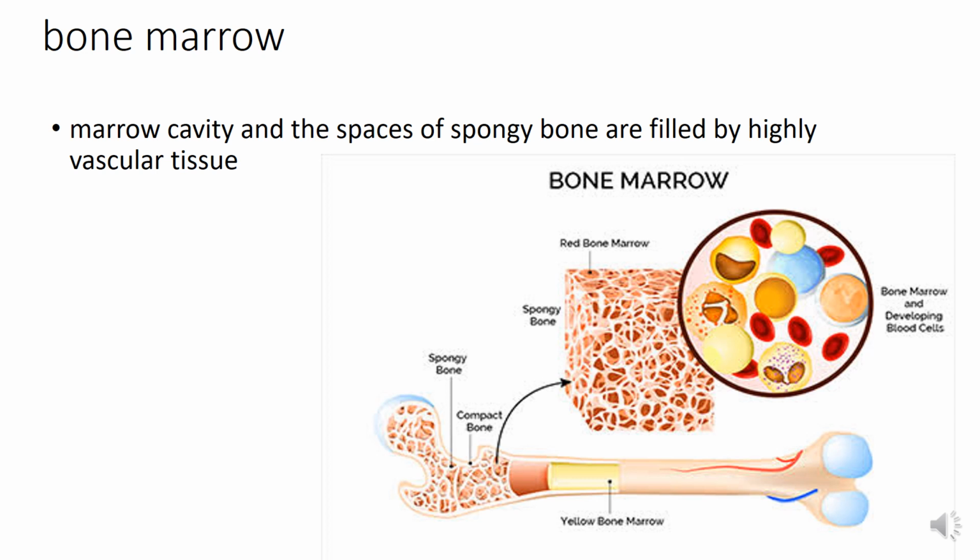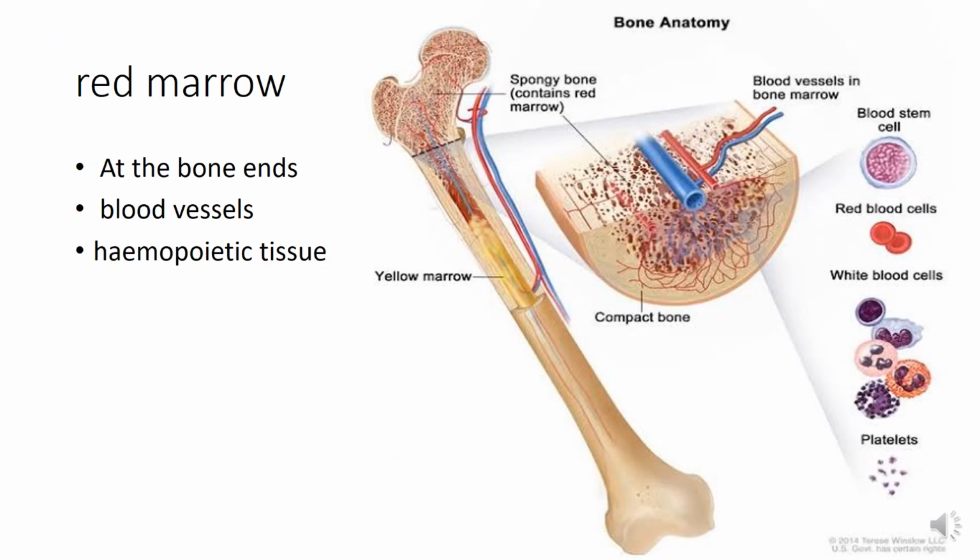Coming to bone marrow, the marrow cavity is present within the shaft of long bone, and the spaces of spongy bone are present at either end of the bone. The marrow cavity and the spongy bone are filled by highly vascular tissue known as bone marrow. Bone marrow is of two types: red marrow and yellow marrow. This is the red marrow.